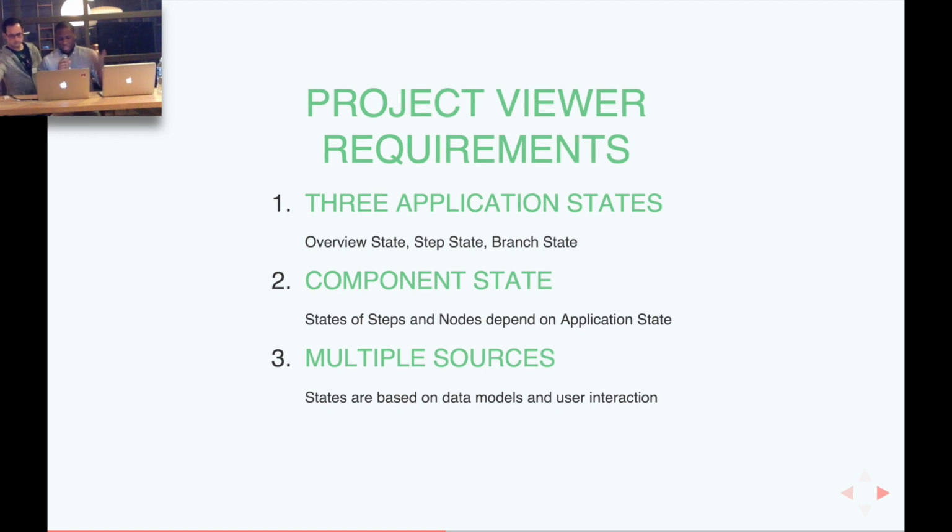And then finally, the state has to be based on data models and user interaction. I'm going to dive a little bit more into that later. These requirements basically forced us to rethink our architecture and develop a new architecture which focuses on state. And Ian's going to talk about that.